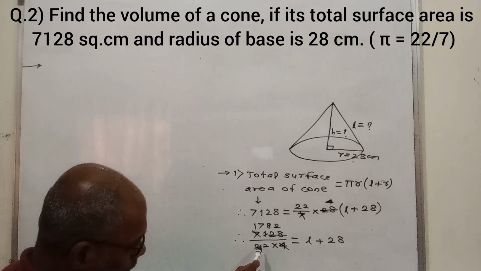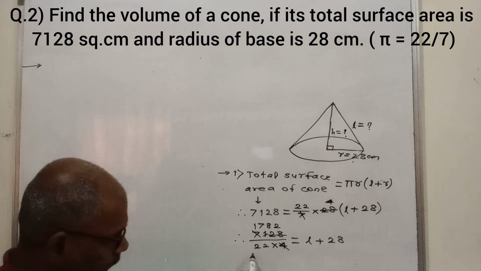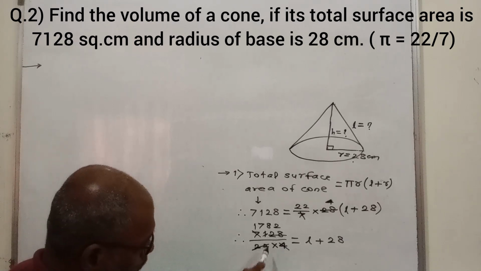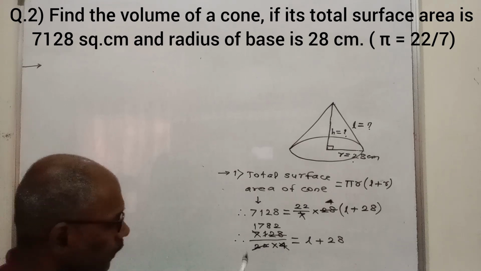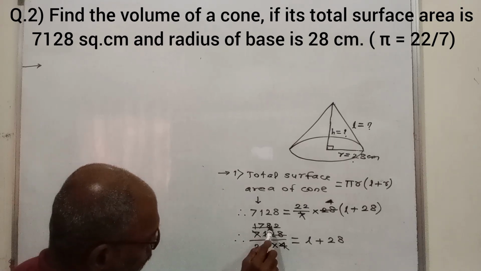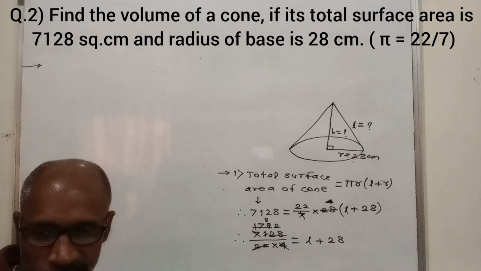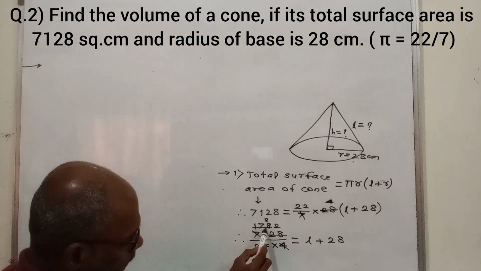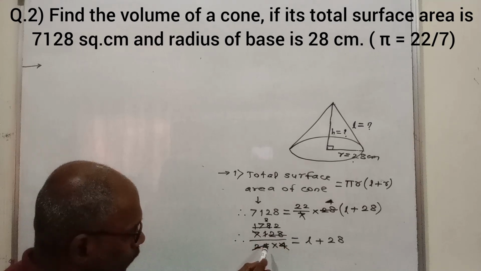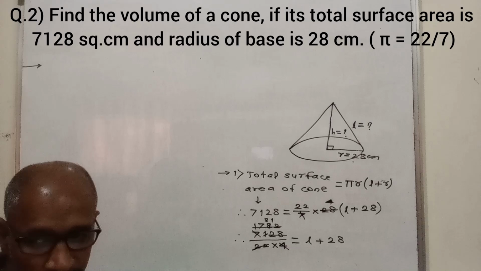If you know the table of 22, write that table. 22 ones are 22, 22 8s are 176. 178 minus 176 means 2, 22, 1.